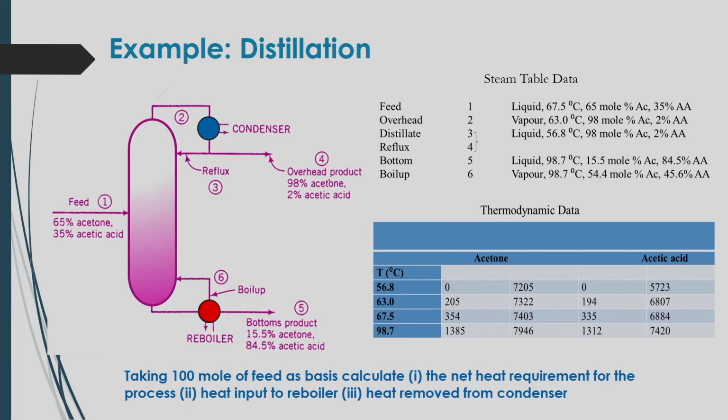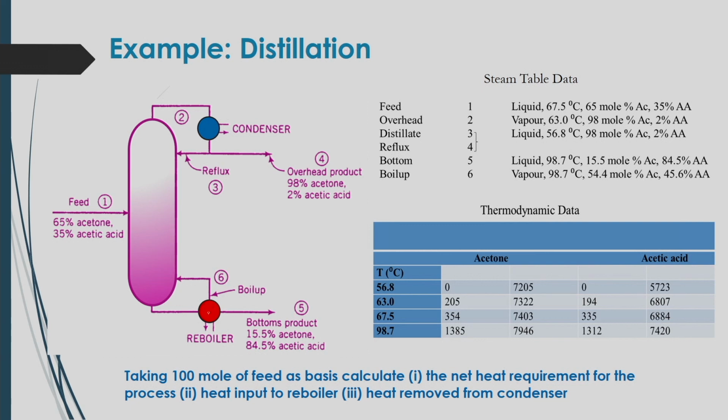Since acetone has a lower boiling point than acetic acid, the maximum portion of acetone will be in the overhead product, whereas a small amount of acetone will be in the bottom product, where the maximum portion will be acetic acid as a liquid in the bottom part of the distillation.